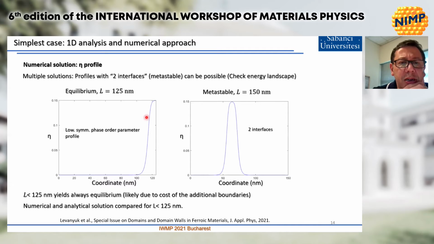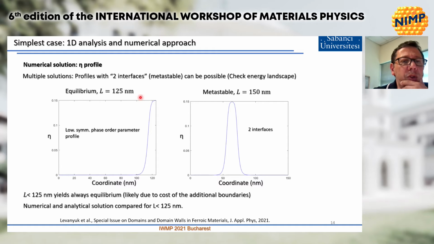And so these are the profiles that we obtained by taking the solution of Falk as reference. And of course, when you have a finite system, one interface is more favorable than two interfaces. So this turns out to be a metastable state.